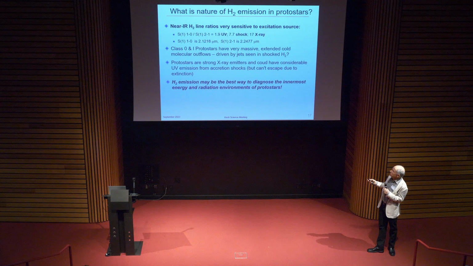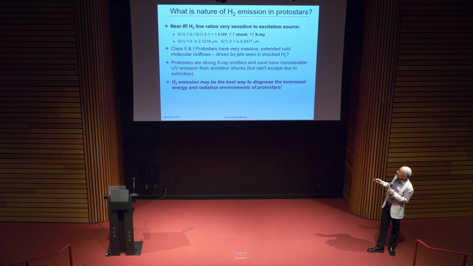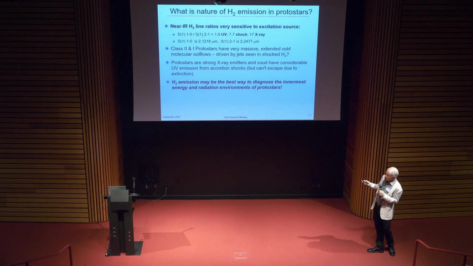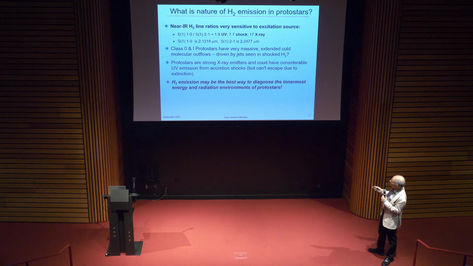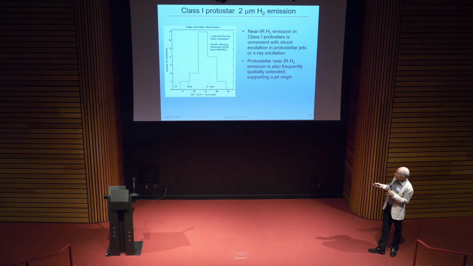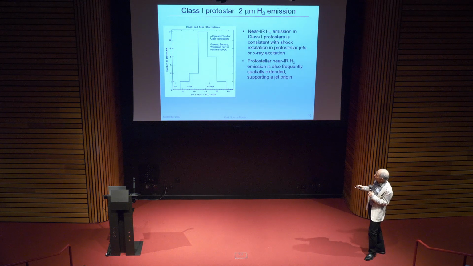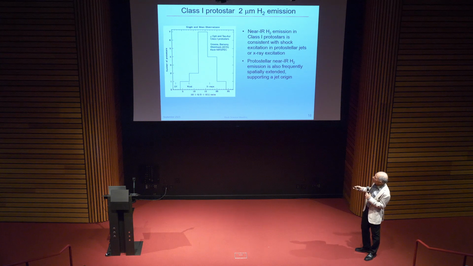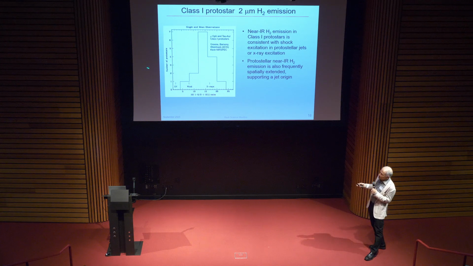There should be accretion shocks giving off UV. This is mechanical shocks, like jets coming out and hitting material in the cloud. X-rays: protostars have been found to be prodigious X-ray producers. So what's it going to be? This could be a good way to diagnose their environments. If you do a histogram of that ratio, it looks like winds and maybe X-rays, but it doesn't look like UV is causing this excitation.